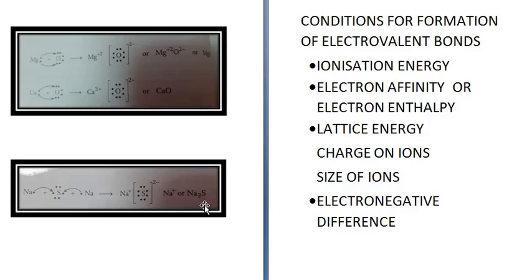The element should be metal, that is electropositive in nature. Second property is electron affinity or electron gain enthalpy. So electron affinity of the atom which is making the anion should be high. The element should be non-metal or electronegative in nature.